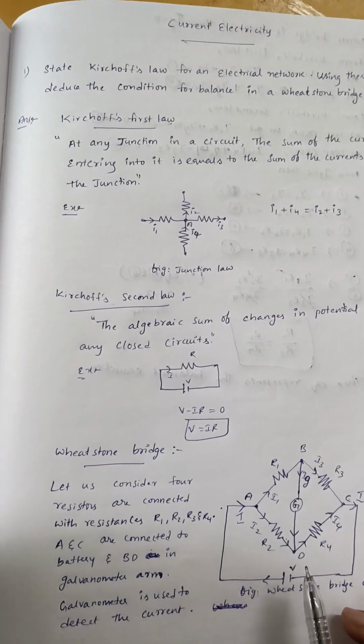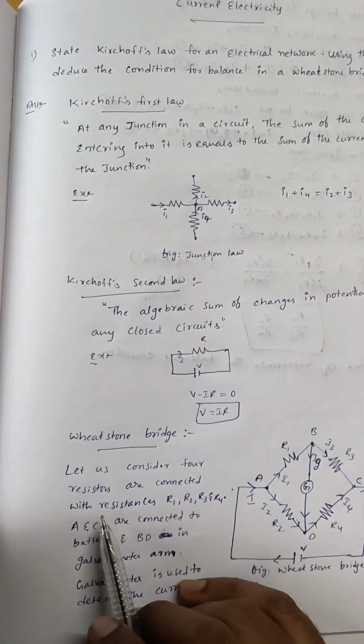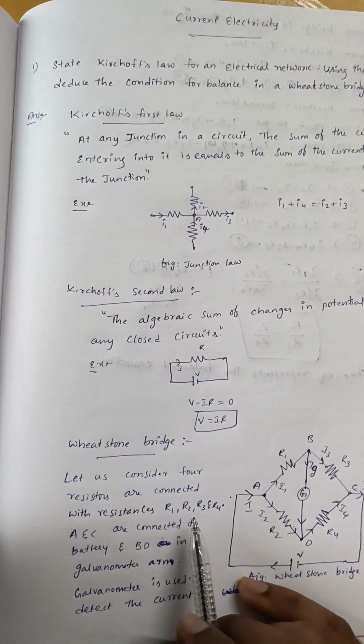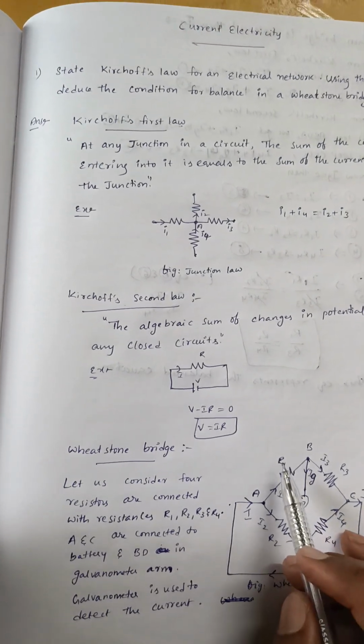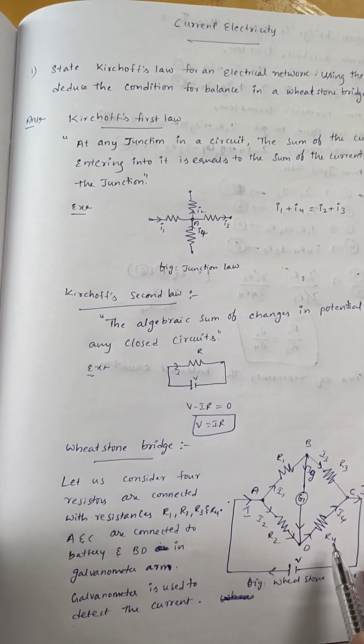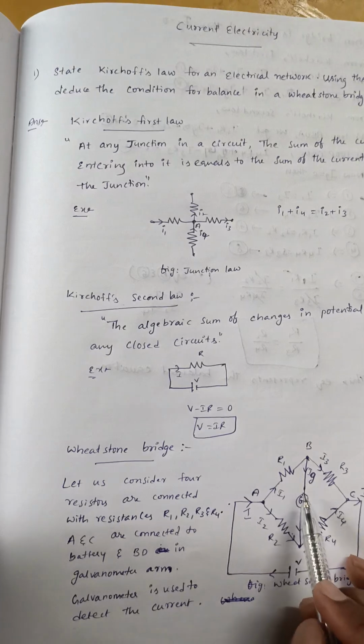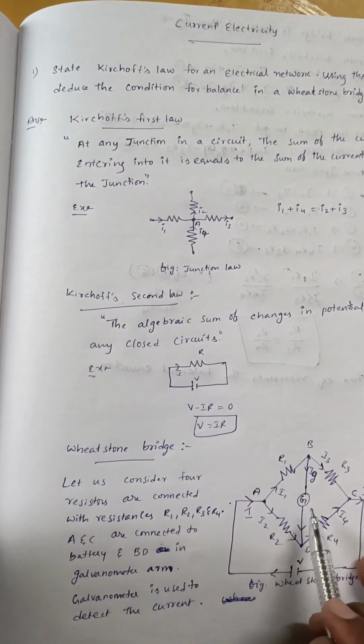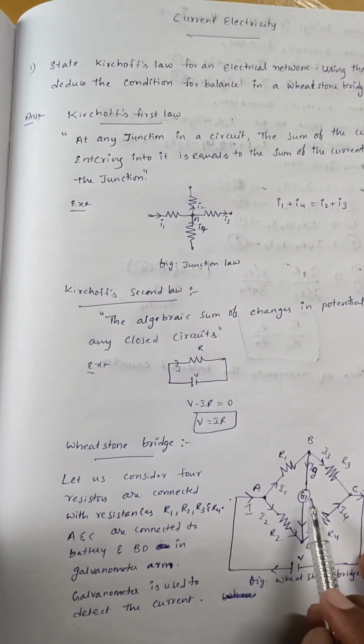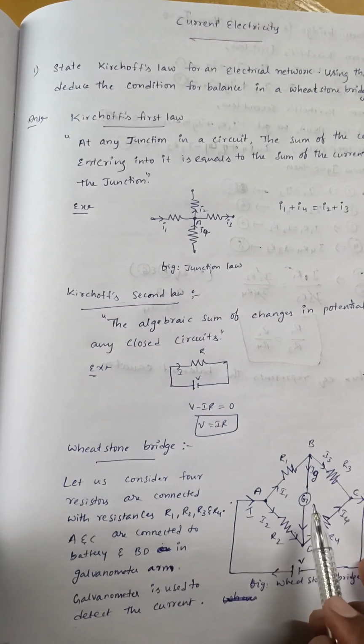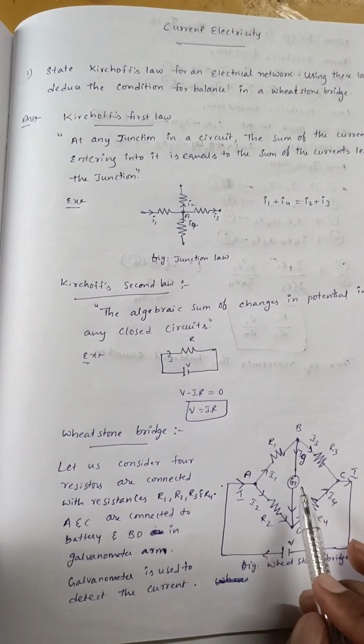The current that comes out of the circuit will be the same I. Here R1, R2, R3 and R4 are connected, and the capital G indicates the galvanometer. The galvanometer is used to detect whether current is flowing.